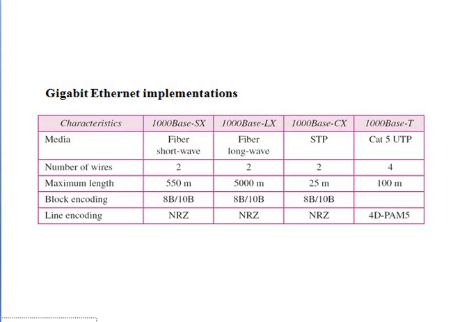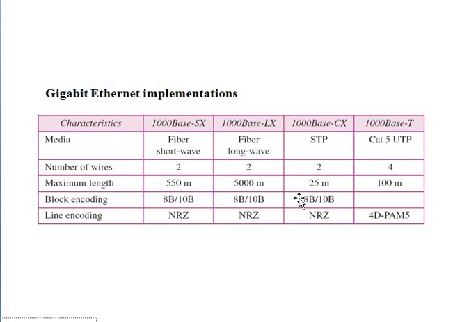This is the summary of the gigabit Ethernet implementation. We have the characteristics along with the different gigabit Ethernet implementations, for example 1000BaseSX, 1000BaseLX, 1000BaseCX and 1000BaseT.